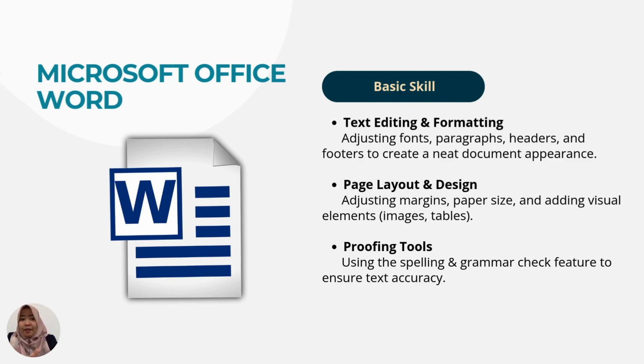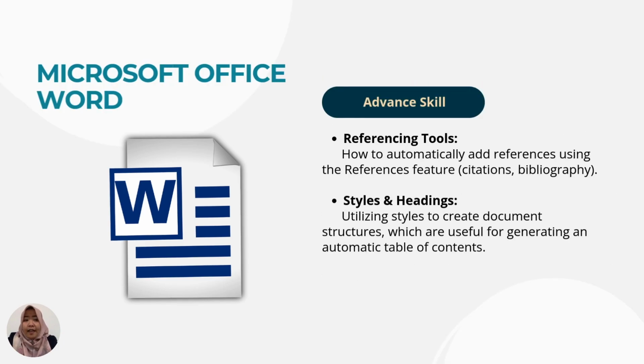Last but not least, in Microsoft Office Word, you are also required to be able to use the spelling and grammar check feature to ensure text accuracy. The tools that are used for these purposes are called proofing tools. Next, the advanced skills in Microsoft Office. If you are considered advanced, then you are able to do these skills.